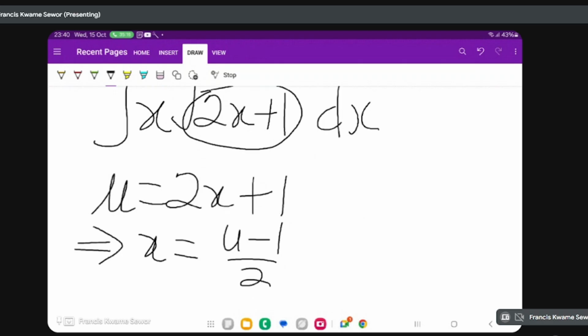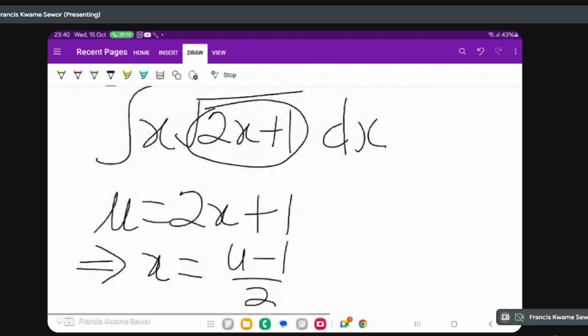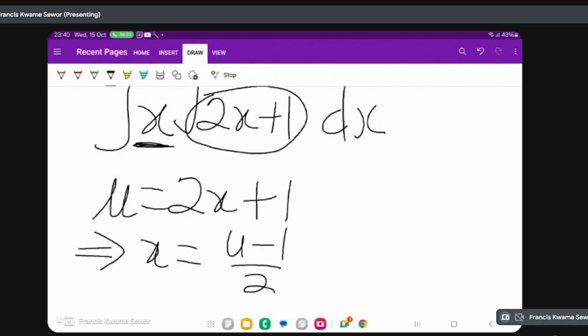Because x is standing alone on its own over here. Also, because this guy is linear, you need to be very careful. This guy is linear, and the one here is also linear. So you need to be very careful when you are trying to go away from it. In the case where it doesn't cancel out, you need to pause and be very careful, because this is linear, this is also linear.